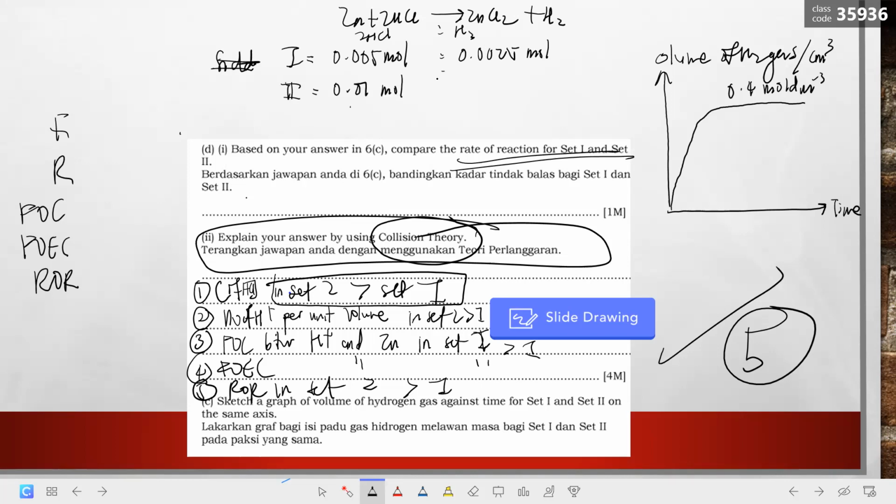So if I put hydrogen gas, what do I get? 0.005. Okay, you already can see from here. Actually, you don't have to go through the steps. Can you see my number of moles is already different? If the number of moles are different, your graph will not meet.